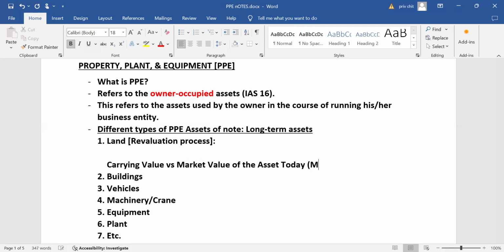So that's literally saying the value of the asset today. So if in 2022 we acquired that asset, let me just put these details right at the bottom.